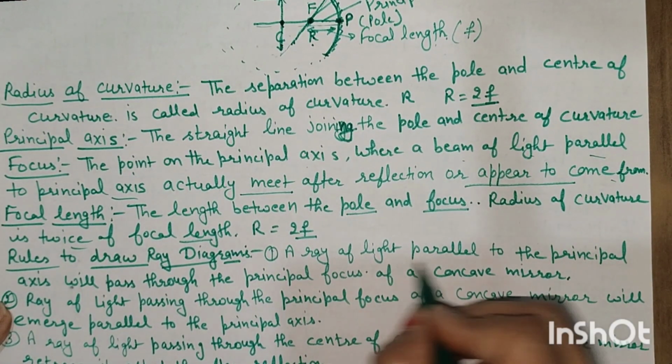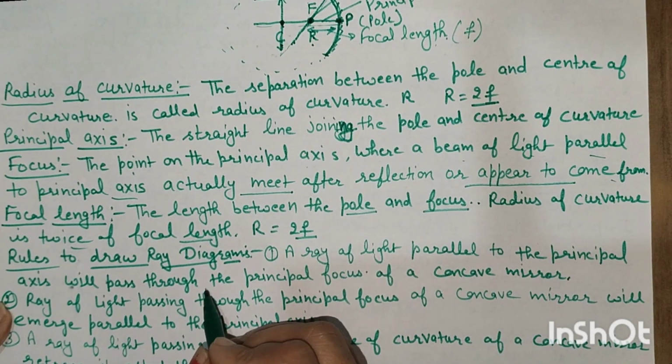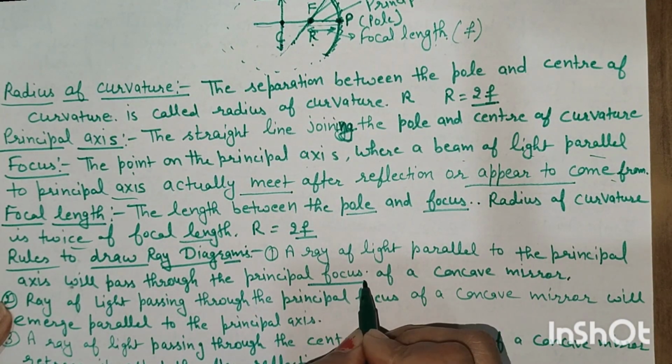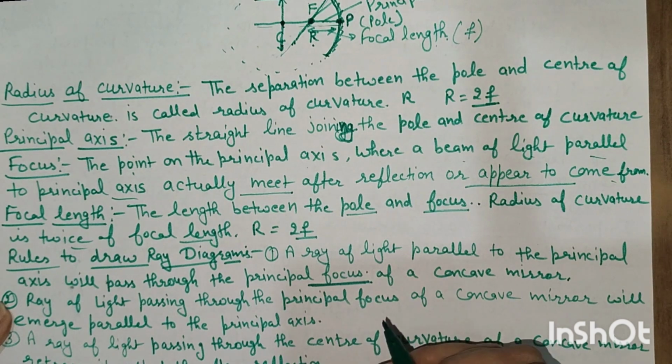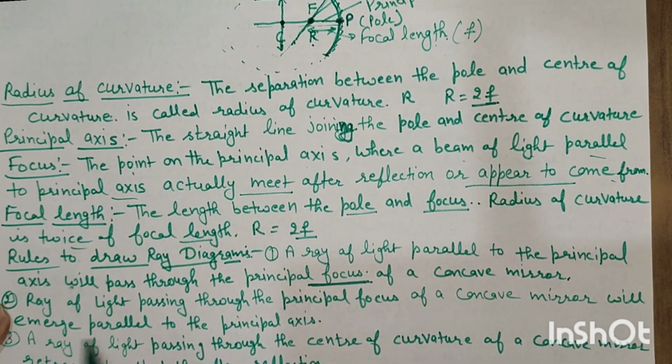First, a ray of light parallel to the principal axis will pass through the principal focus. Second, a ray always moving from the focus will emerge parallel to the principal axis. And third, after passing through the center of curvature, it retraces its path after the reflection.